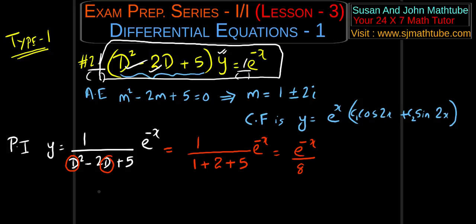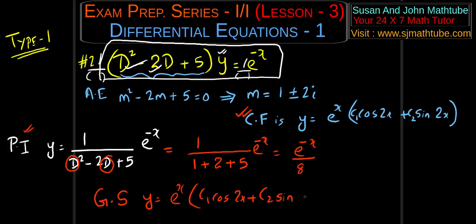Now that's it. Now how do you write the general solution? CF plus PI, that is e power x into c1 cos 2x plus c2 sin 2x plus e to the power minus x by 8.